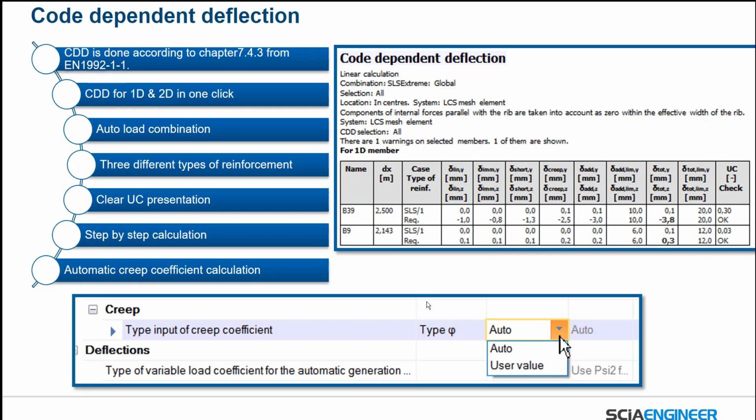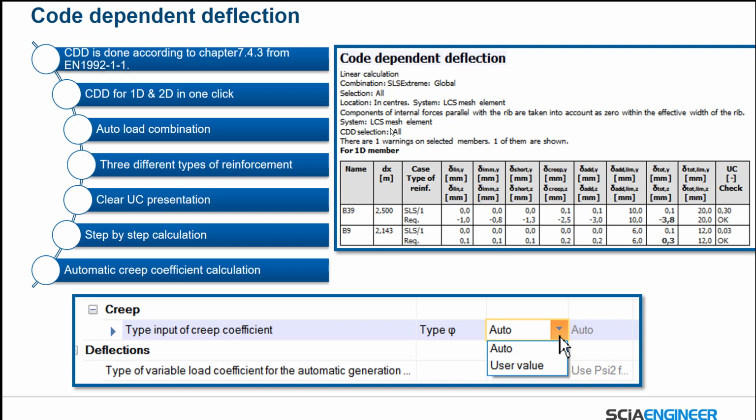Next topic is the calculation of long-term deflection. You can do CDD calculation in SCIA Engineer, and this will be according to chapter 7.4.3, and we do the calculation of long-term deflection for 1D and for 2D at the same time. Good news in this version is that you don't need to define the concrete combination.